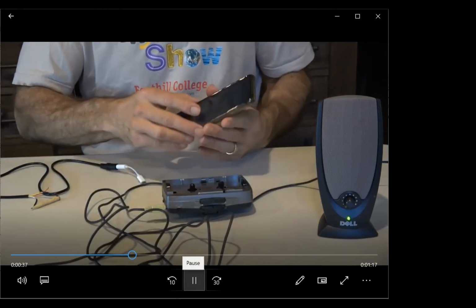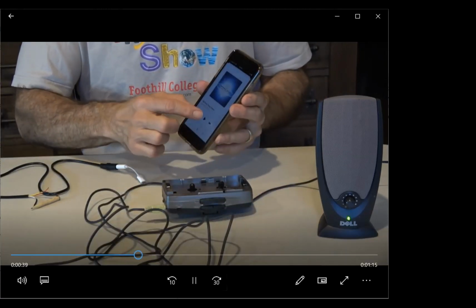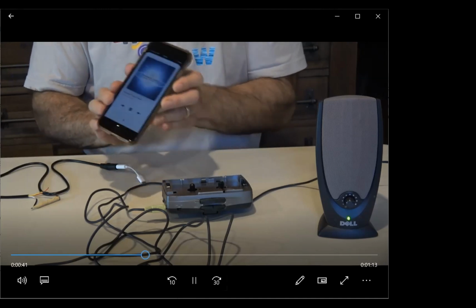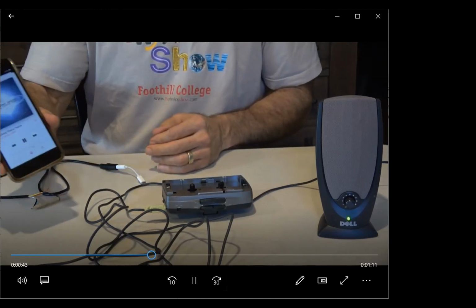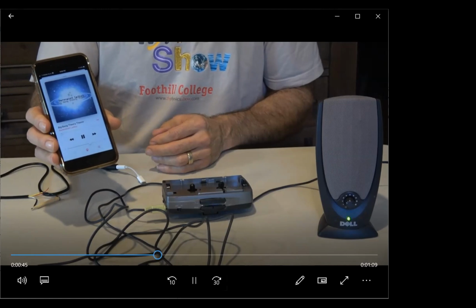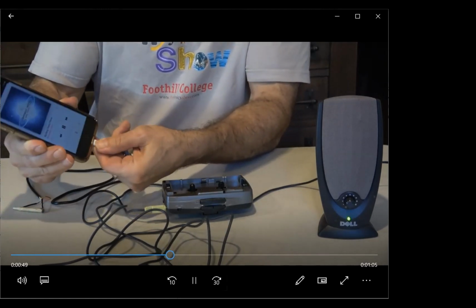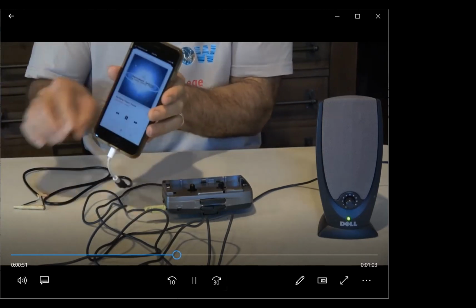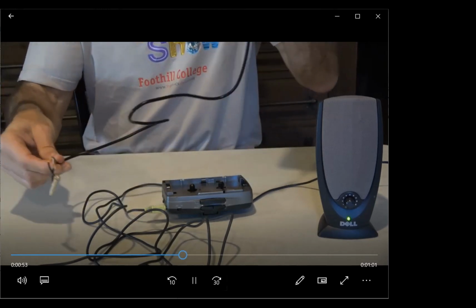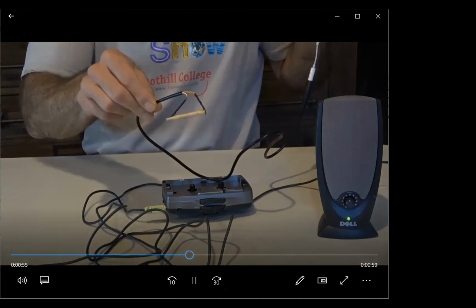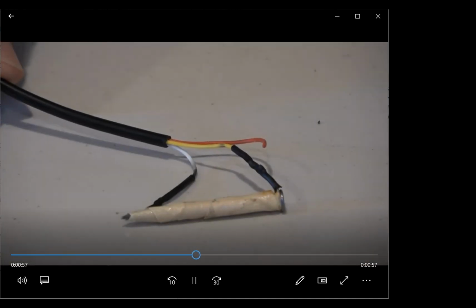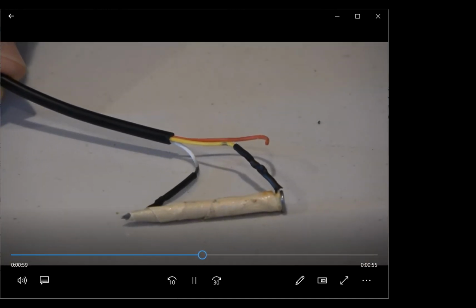I'm going to play some music out of my phone. As soon as I plug in the headphone jack, it cuts off the music. But you can see my headphone jack isn't connected to a normal headphone.